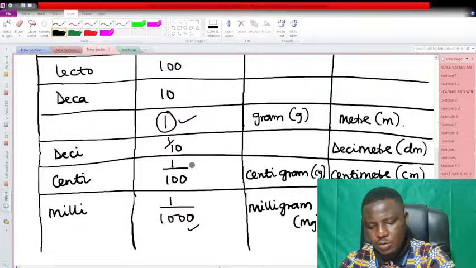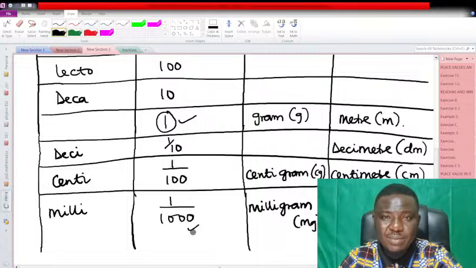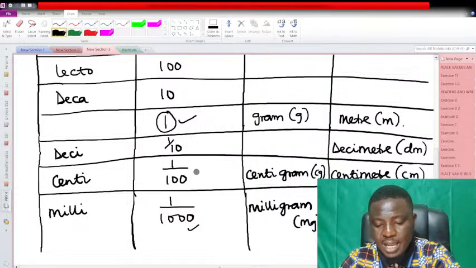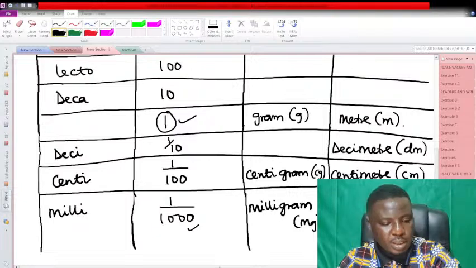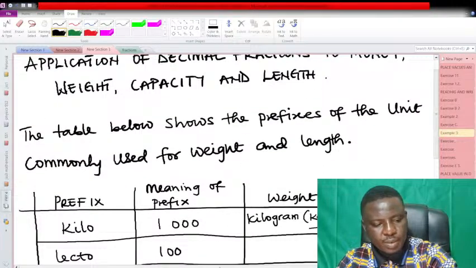So if you are equating both of them, it means that 1 centimeter is 10 times greater than a millimeter, because it is only when you multiply millimeter by 10 that it gives you centimeter.